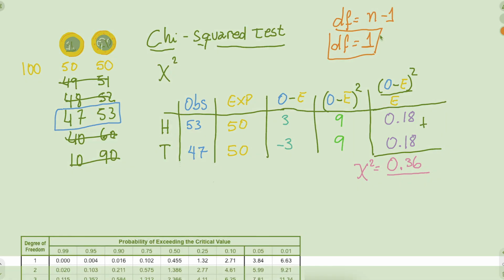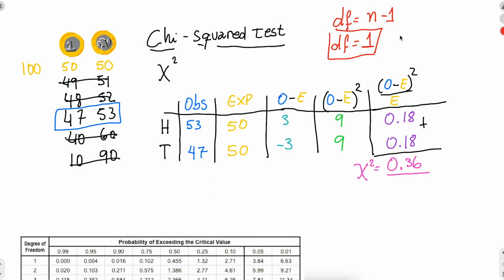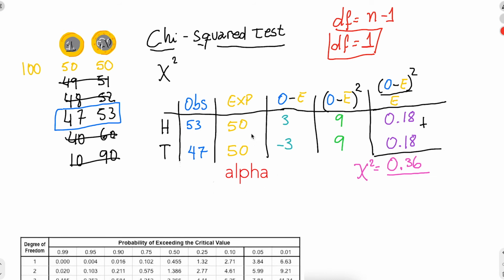So you're going to look at the chi-square table. You're going to look for the line where it says degrees of freedom 1, and you are going to look for the critical value. This is the number that, if your chi-square value is larger than the critical value, you have to reject the hypothesis that the difference you see is random.